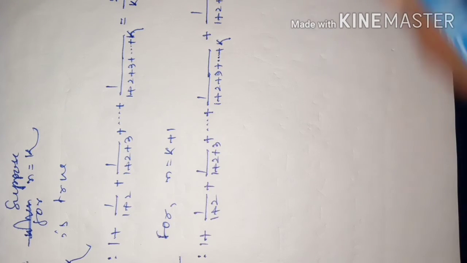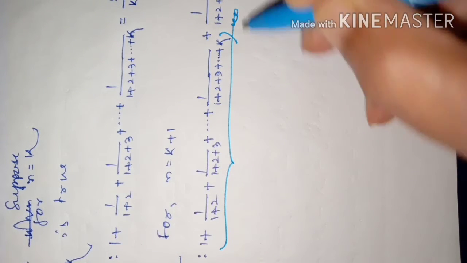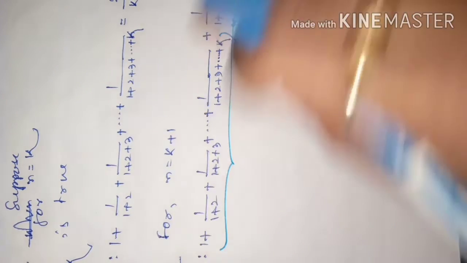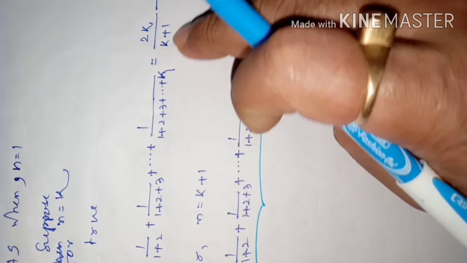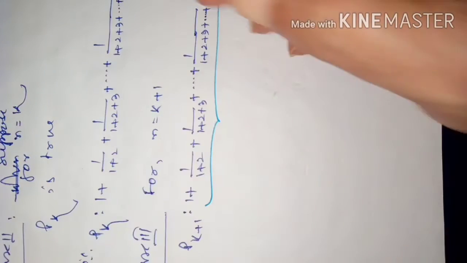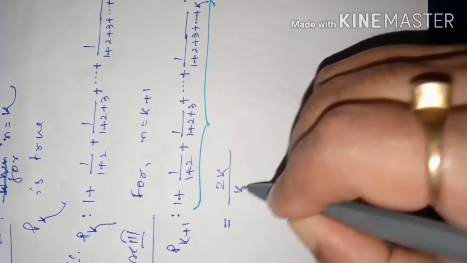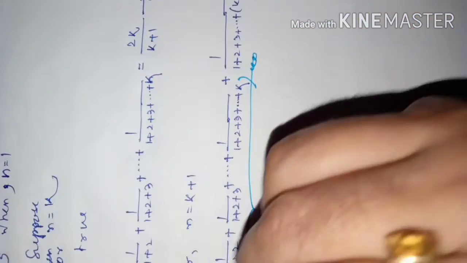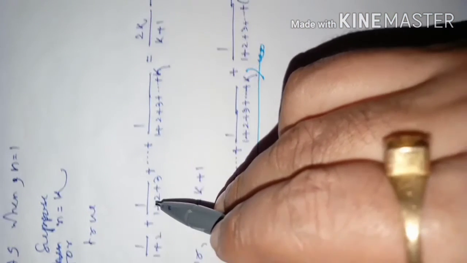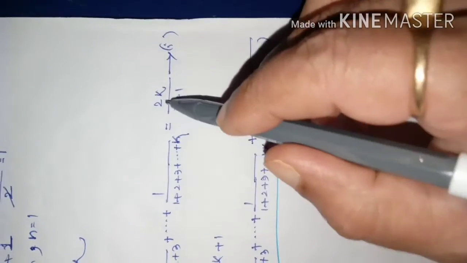But we know that for this whole expression, up to here, its value is twice k by k plus 1.